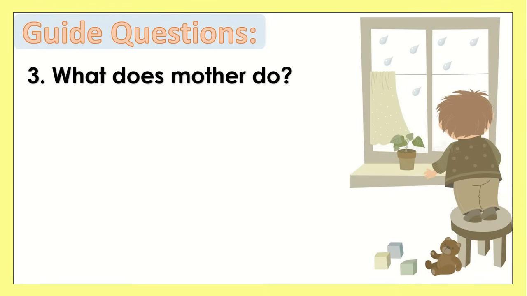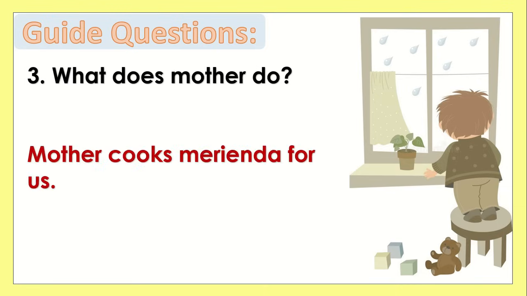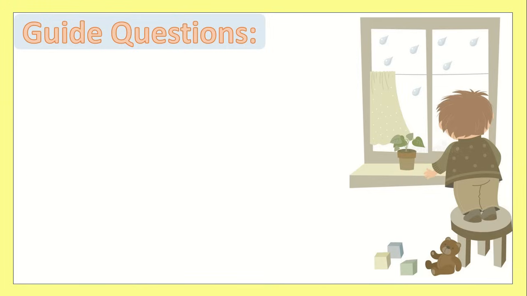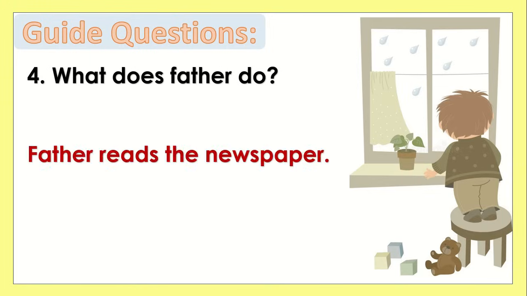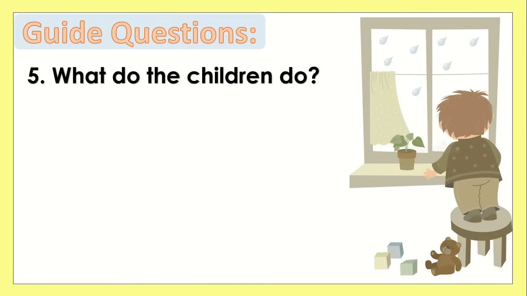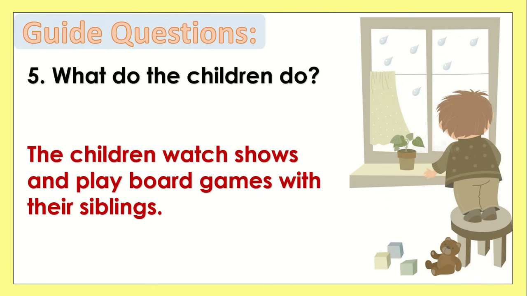What does Mother do? Very good. Mother cooks merienda for us. What does Father do? Father reads the newspaper. What do the children do? The children watch shows and play board games with their siblings.